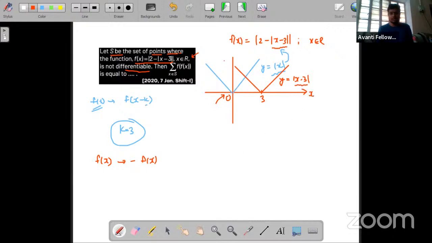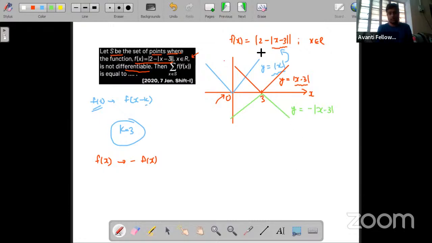Clear? So now I'll draw it with some other color. So let's say this is y equals minus modulus of x minus 3.